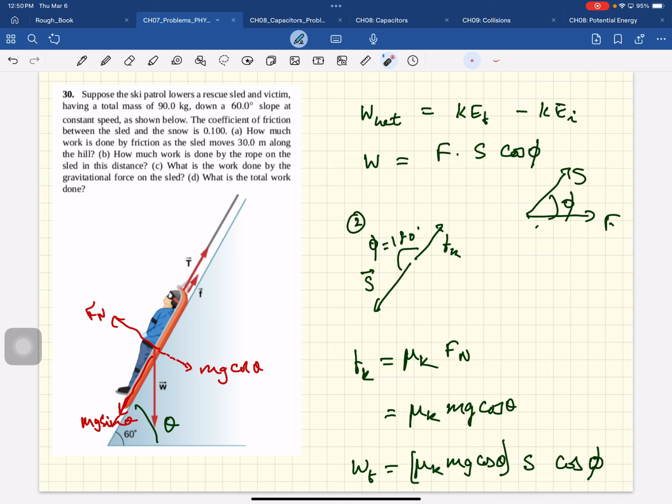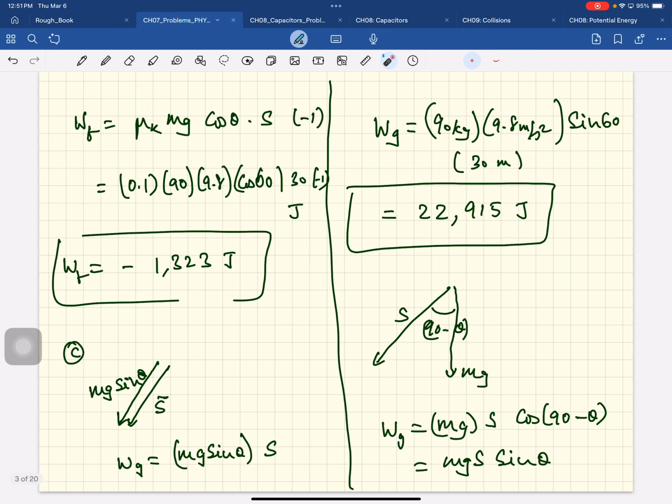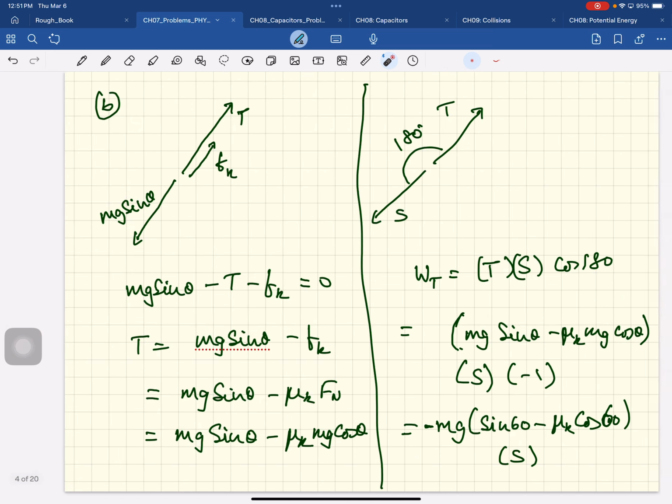All right, so now we'll track all of that. There's the work done by gravity, 22,915 joules.